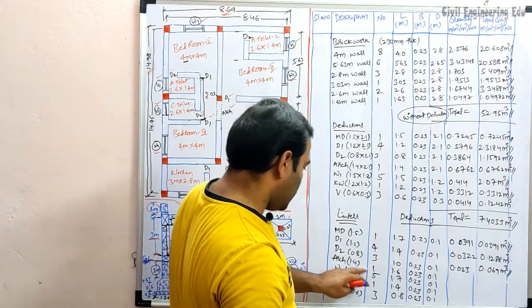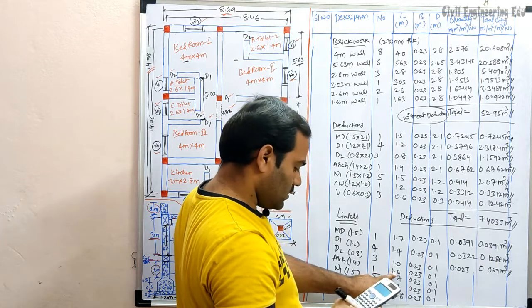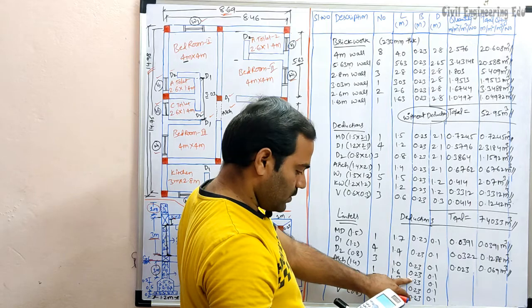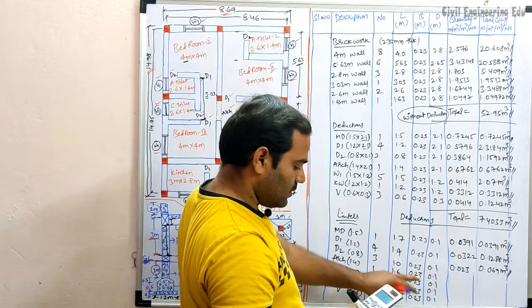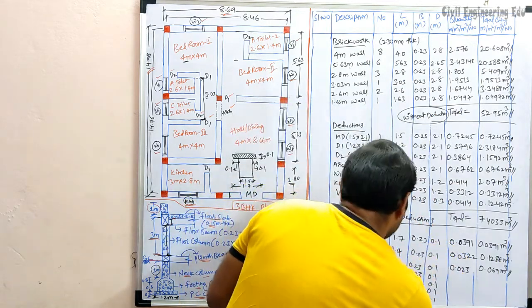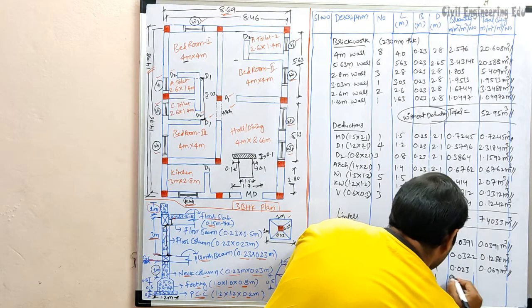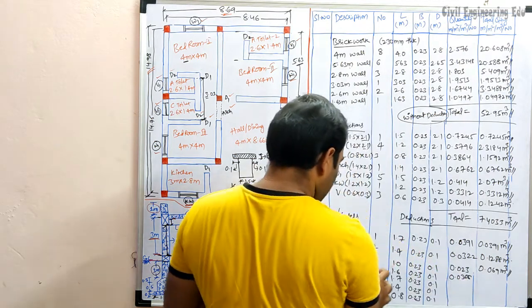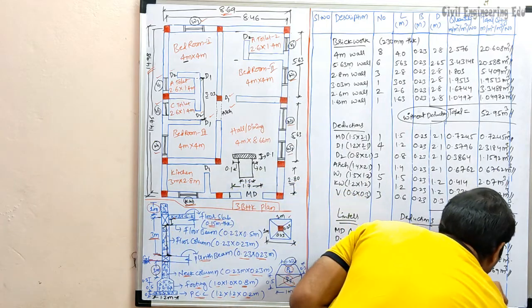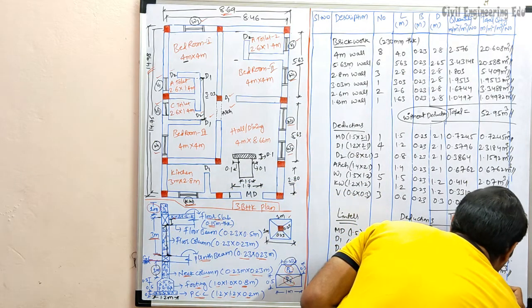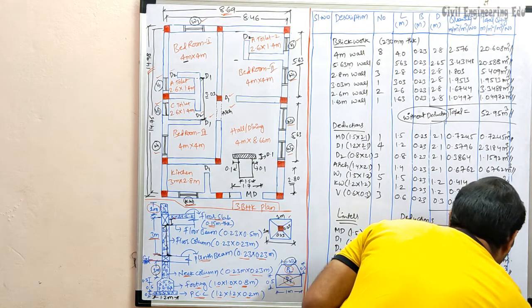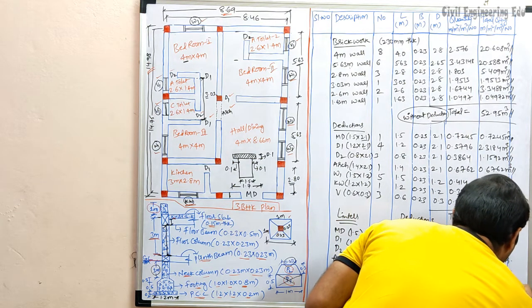Next one is arch. So what is the size of arch here? 1.6 into 0.23 into 0.1. So here 0.0368 multiplied by one number, 0.0368 meter cube.